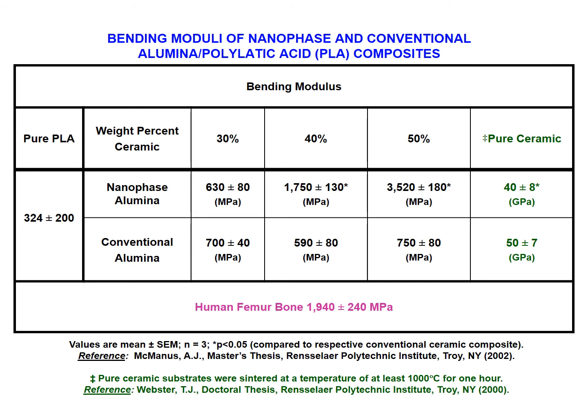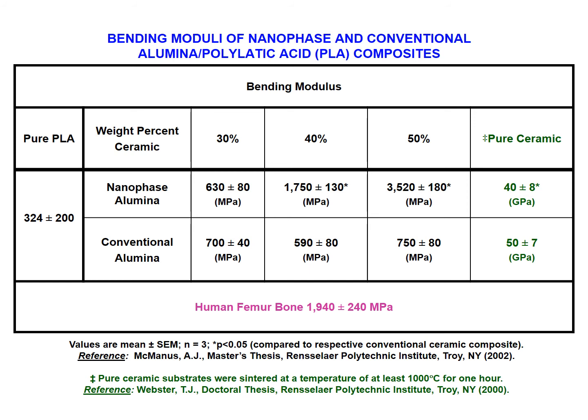On the very extreme left column, you see the results of pure polylactic acid, a polymer, in the order of 300. On the extreme right-hand column, you see the results of pure ceramic, 100% ceramic, which is at least by a factor of 10 lower.